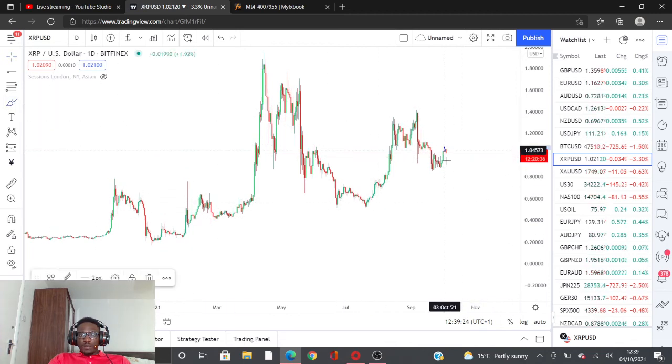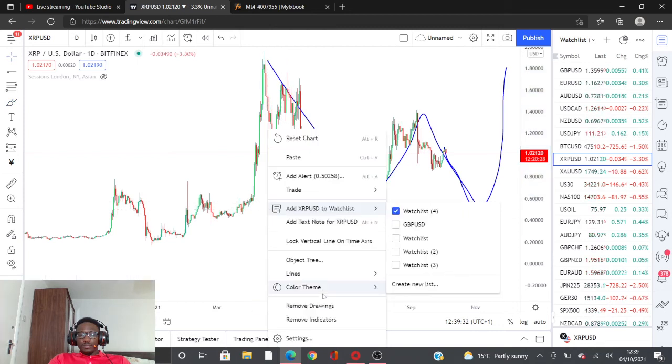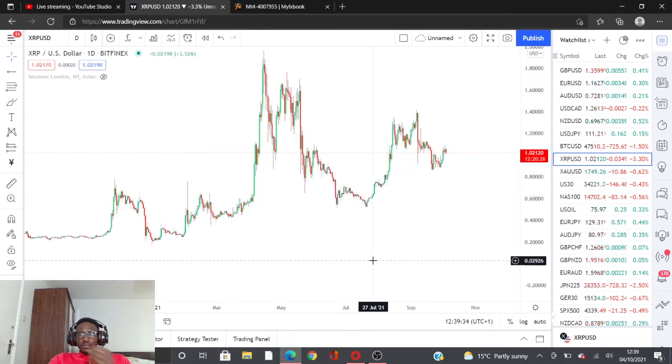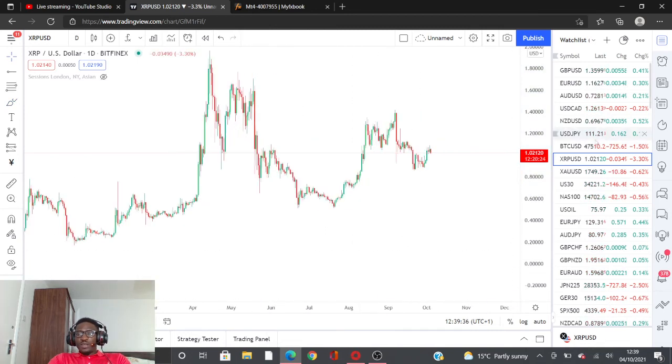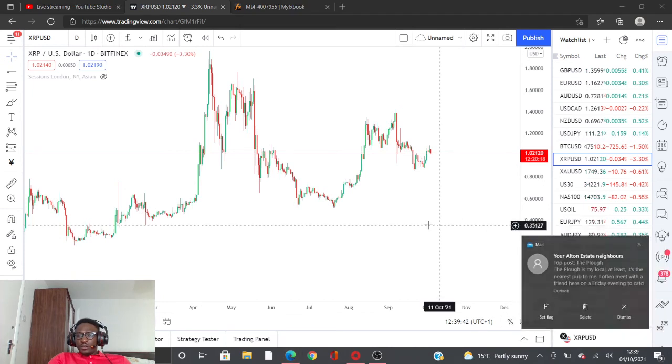I expect these to come back down before they go up, because that will give you a classic 1 2 3 correction. So they're all bullish on a higher time frame. They're definitely bullish.